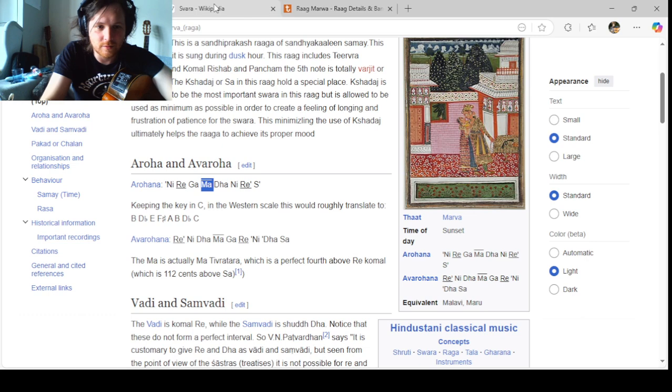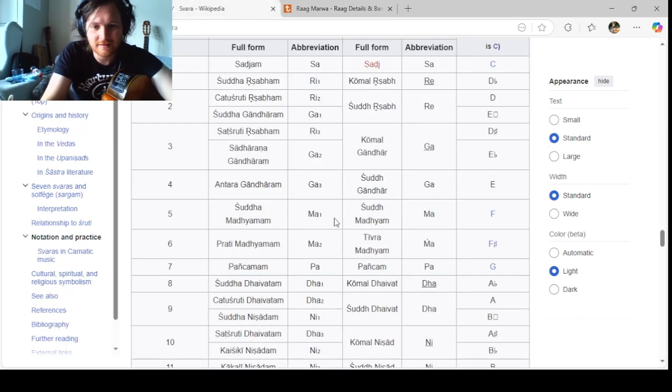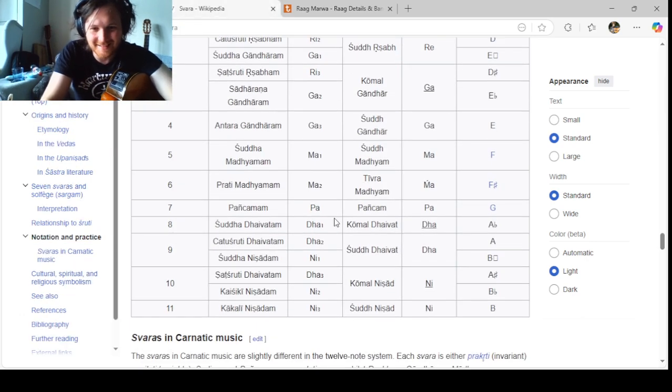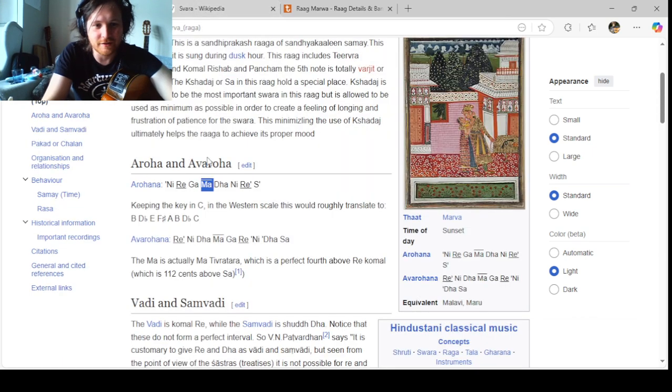Then it says dha, dha, which, yeah, I've studied a very small amount of Hindi, so I think when you have an H afterwards, it's like with a little bit of air with the sound, so dha rather than da, I guess. That's my best interpretation.